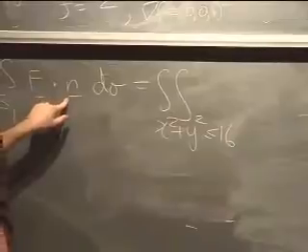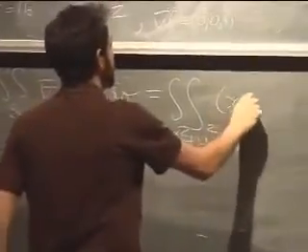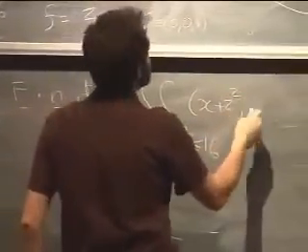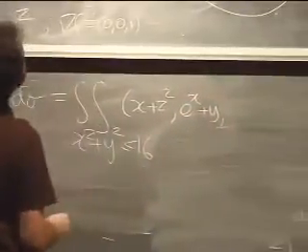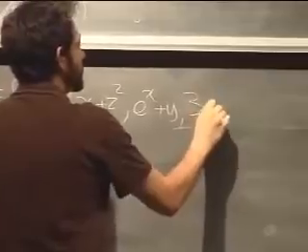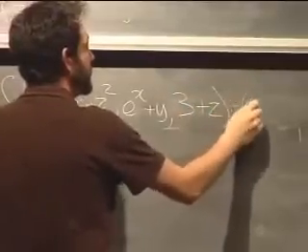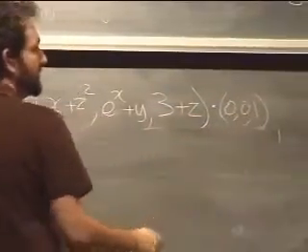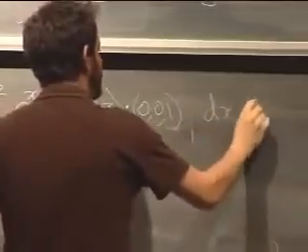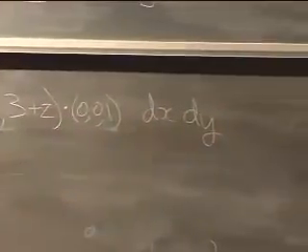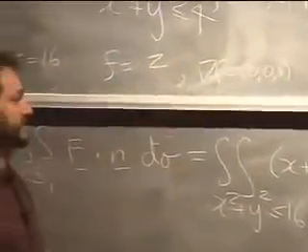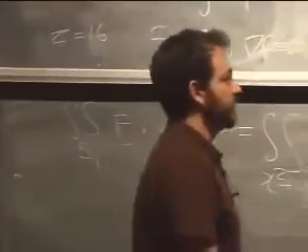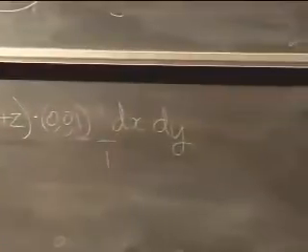F dot n, well, here's the f, x plus z squared e to the x plus y and 3 plus z. You have to dot that with the normal vector 0, 0, 1, and it's just going to be dx dy. Because, again, the length of grad f is 1 and the z coordinate is 1. So there's just a 1 over 1 here if you do it fully.